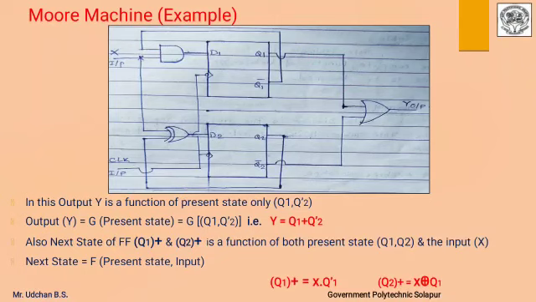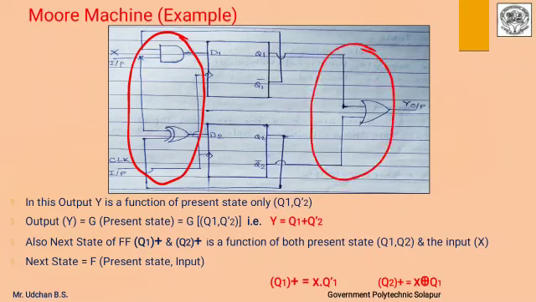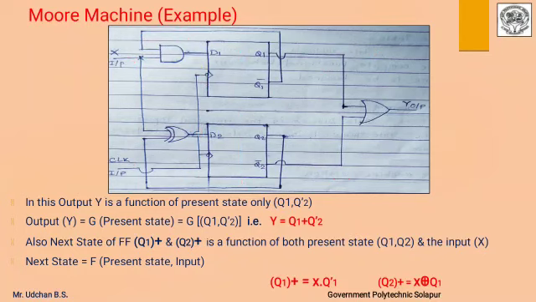This is the example of a Moore machine, which consists of this input combinational logic block, output combinational logic block, and this one is a memory element. Now if you observe this output, having inputs q1 and q2 bar, the expression of output y can be written as q1 ORed with q2 bar.